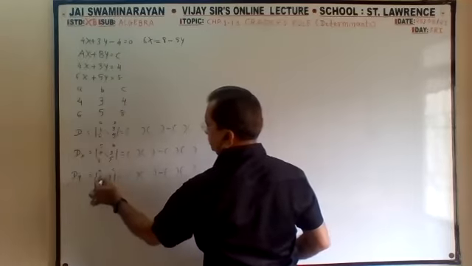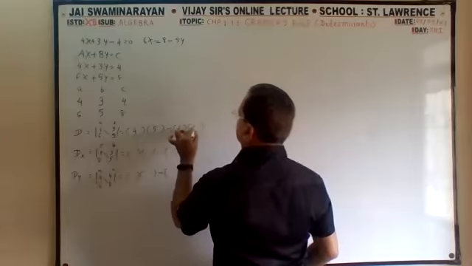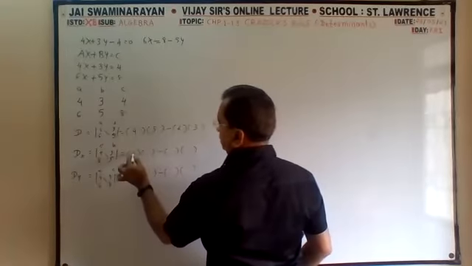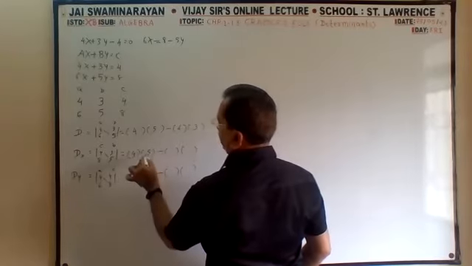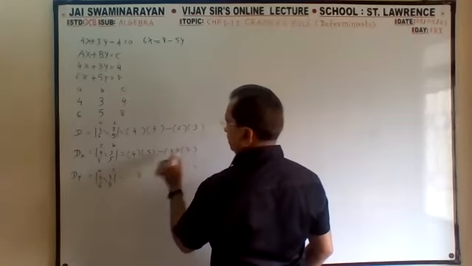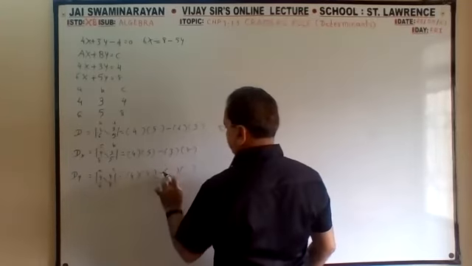So 4, 5, 6, 3, 3, 8, 4, 8. Then second, 4, 6.